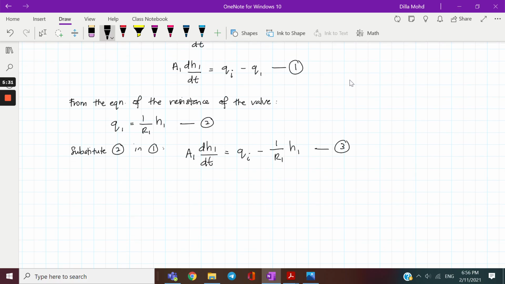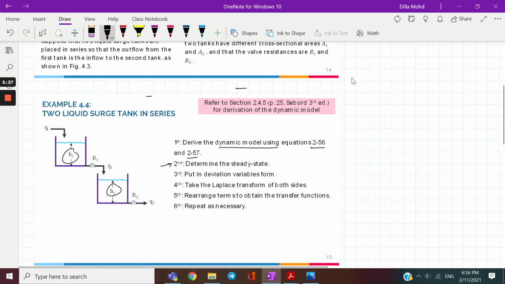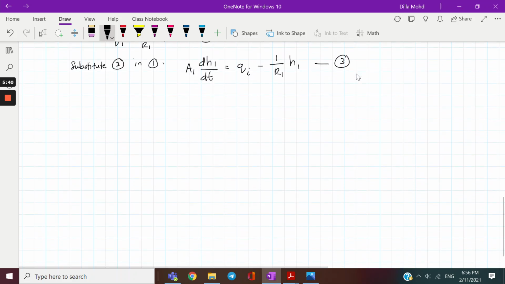Then we go to our next step. Once you get the dynamic model, you need to find your steady state value. So this is your second step: evaluate equation 3 at steady state.